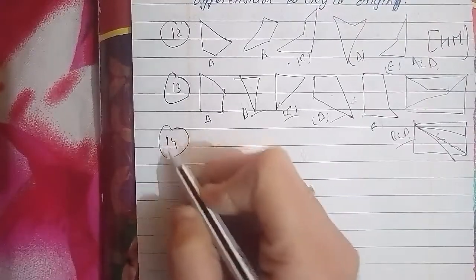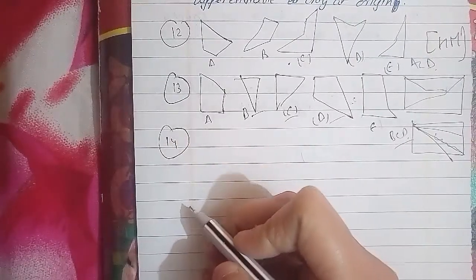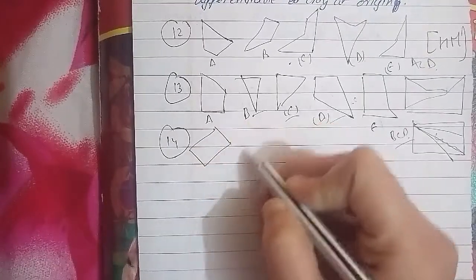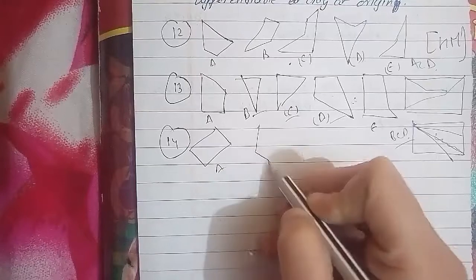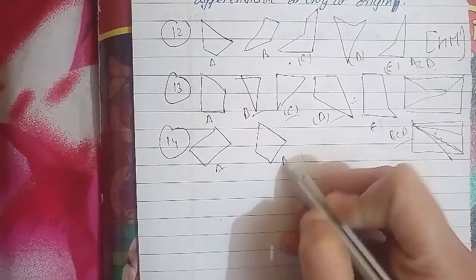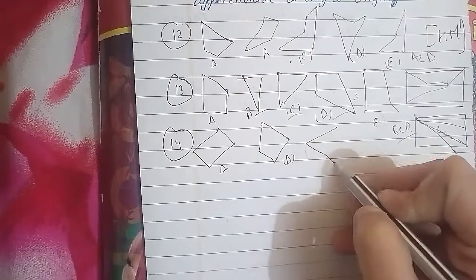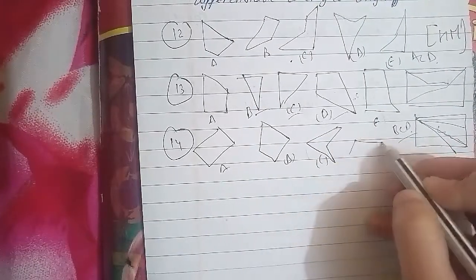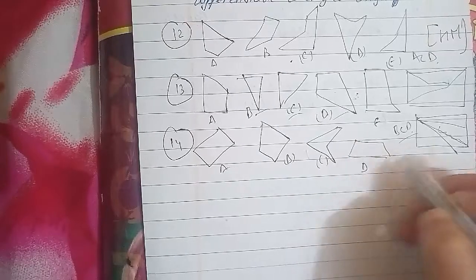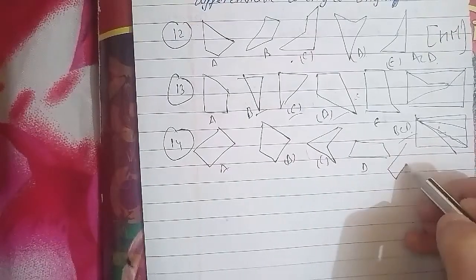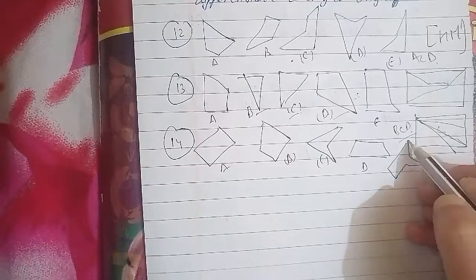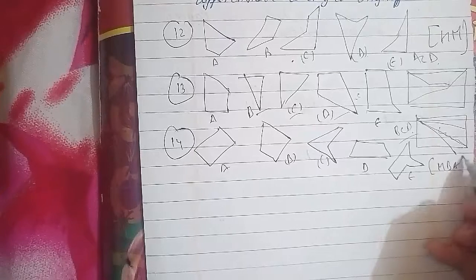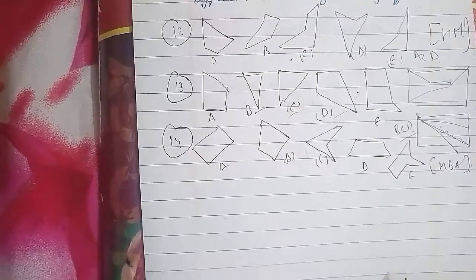We'll talk about the 14th question of the session, which is important too. Let's go ahead for the same. A, B, C, D, and this is E here. This has been asked in an MBA examination paper, and that is an important one as well.